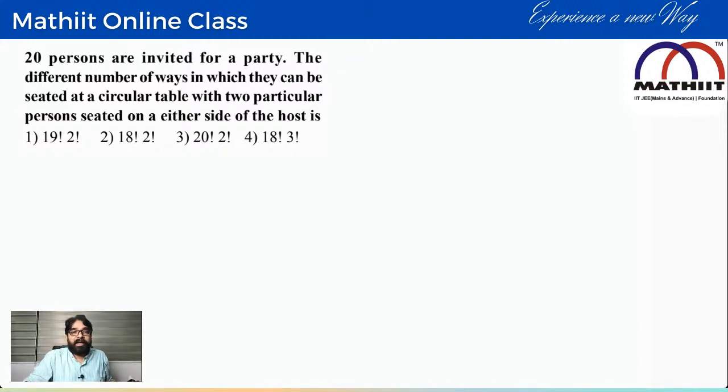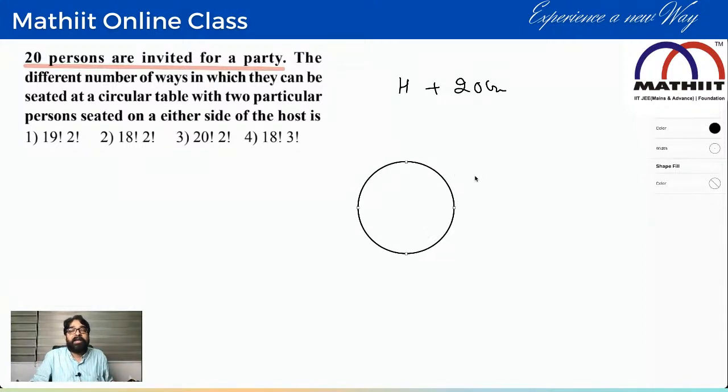Let's see. I also don't know the answer, but I know that people make mistakes. The common mistake is that they consider this 20 as the total number of objects. No, there are a total of 21 objects: one host plus 20 guests. Now they are saying you have to arrange such that two particular guests always sit on either side of the host.